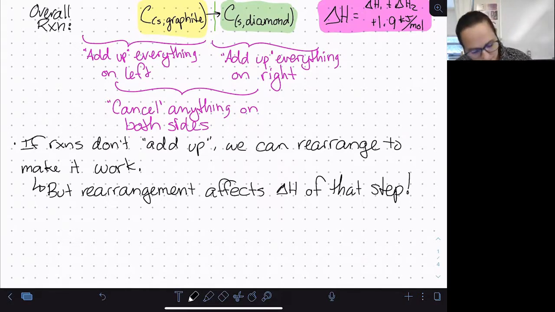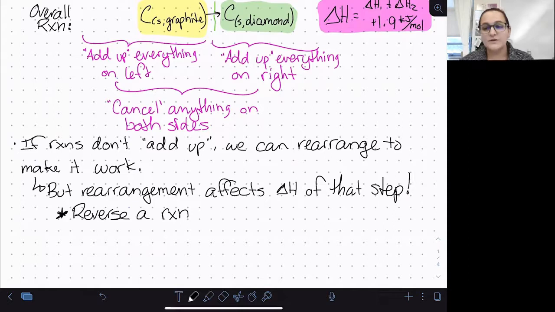So there are essentially two different ways that we can alter a reaction in this type of problem, in a Hess's law type of approach. The first thing we can do is reverse a reaction. So if something is on the wrong side, if it's on the left side in one of my steps, but I need it on the right side in my overall reaction, I can flip the reaction.